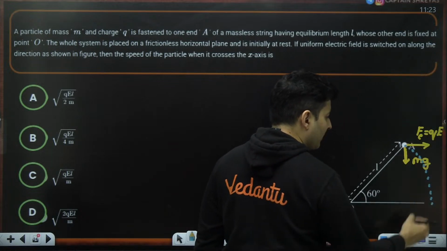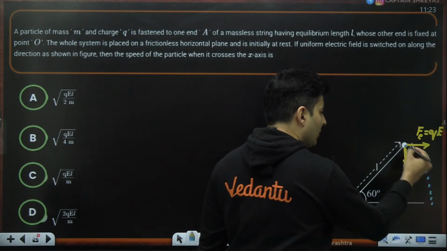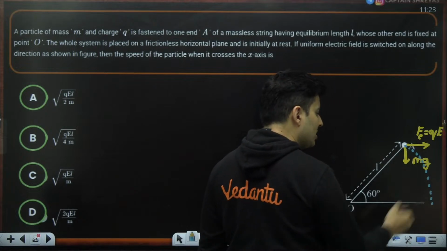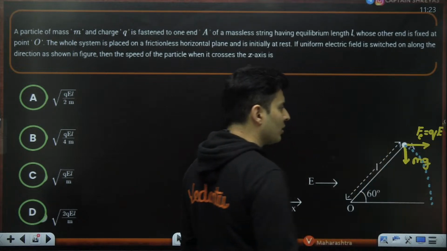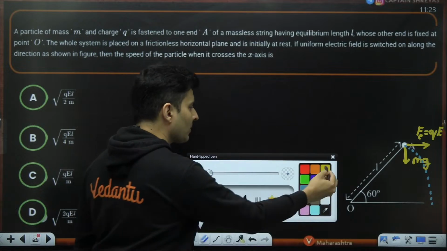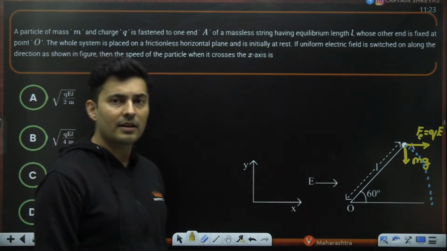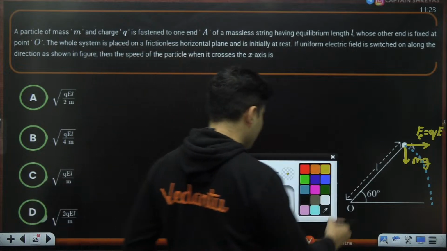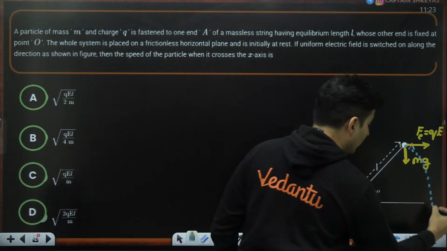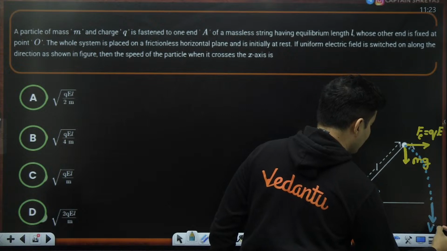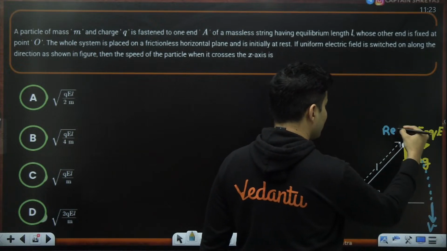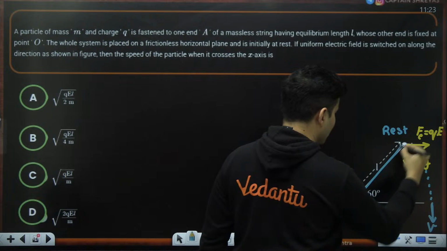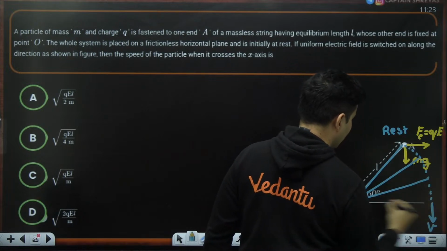Now, what will happen once it goes over here? From this point to this point, will gravitational force do work or will electric force do work? Tell me, guys, quickly. Or will both of them do work? Because by the time it reaches here, obviously it will gain some speed. It will have some kinetic energy. Here it was at rest. So it was here, then here, then here, then here.